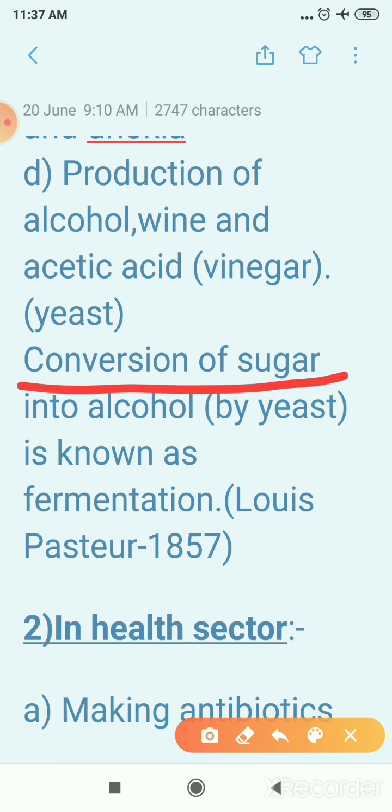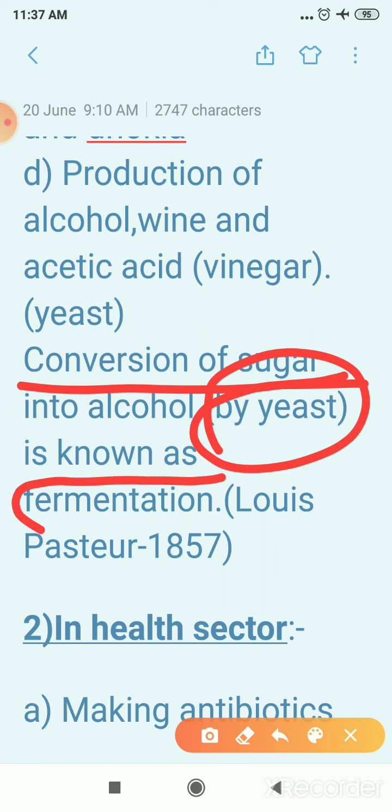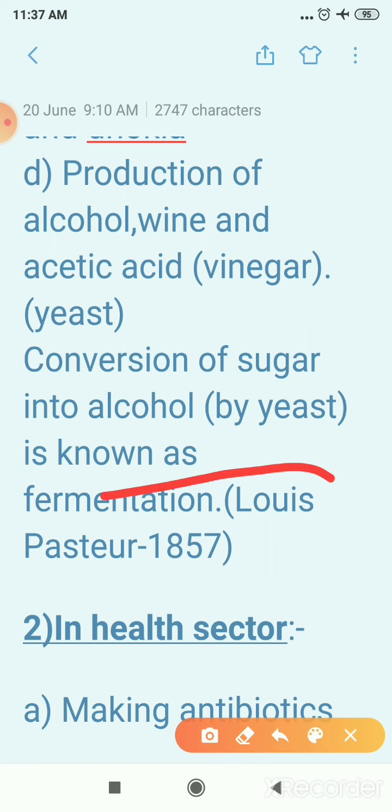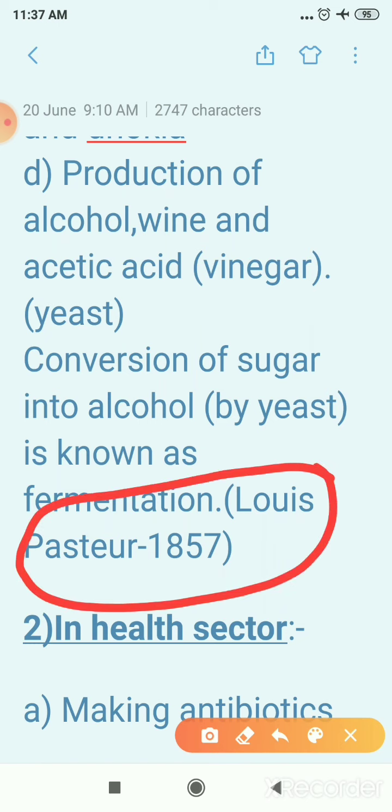Conversion of sugar present in food by yeast into alcohol is known as fermentation. This is a very important term. This fermentation was discovered by a scientist named Louis Pasteur in 1857.